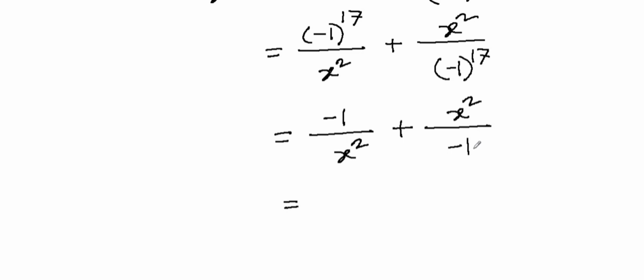Now here you see x squared over minus 1, we can write down minus x squared. And this one, minus 1 over x squared, we can write down like this.